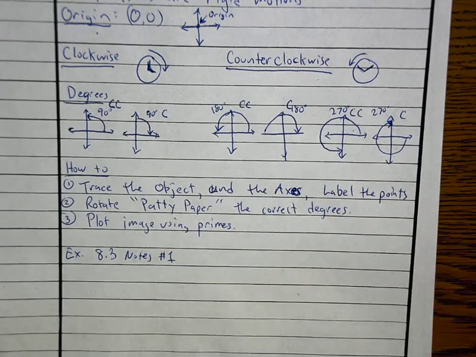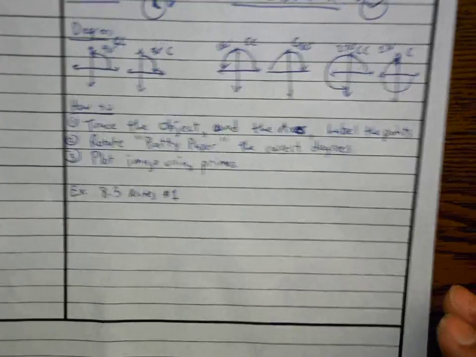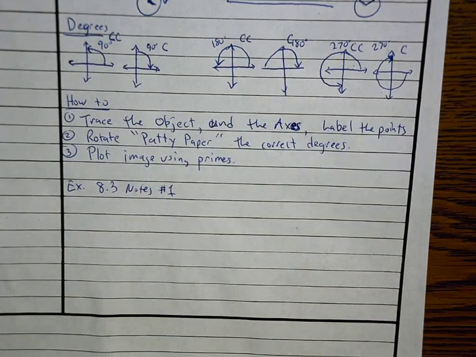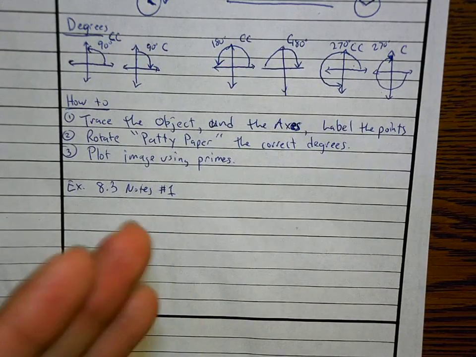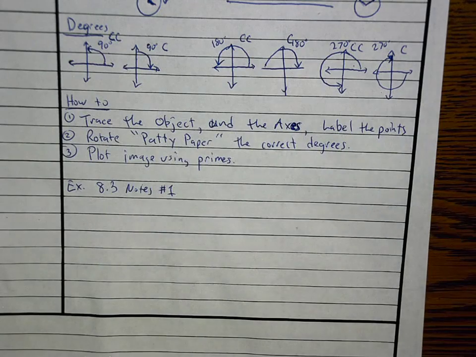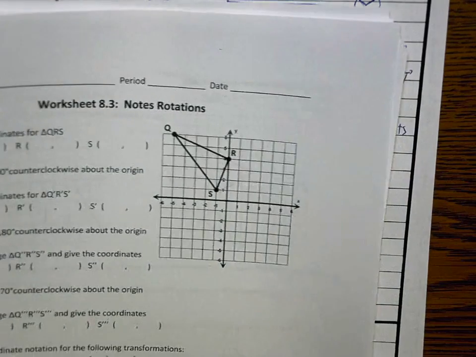I'm not going to have you draw that out here. If you want, you can get your packet out right now and we can look at 8.3, number 1, and we're going to show you how to do that with these 3 steps. If you have your packet, it looks like this.